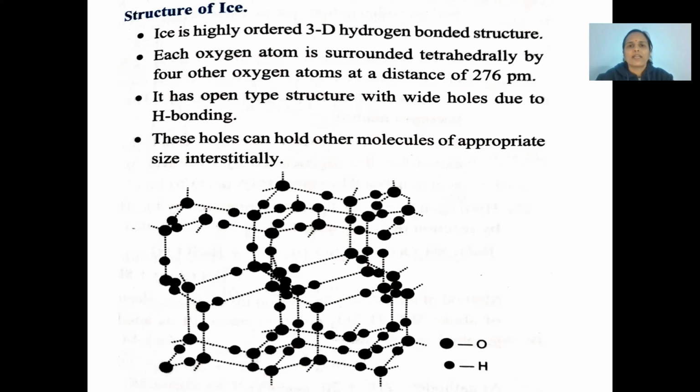Each oxygen atom is surrounded tetrahedrally by four other oxygen atoms at a distance of 276 picometer. It has an open type structure with wide holes due to hydrogen bonding. These holes can hold other molecules of appropriate size interstitially.